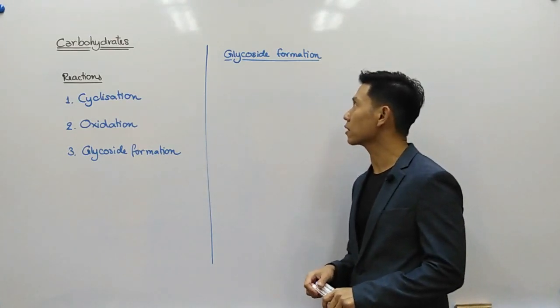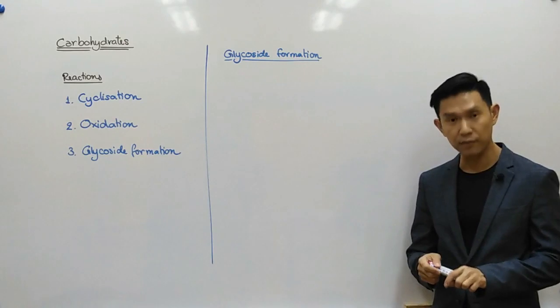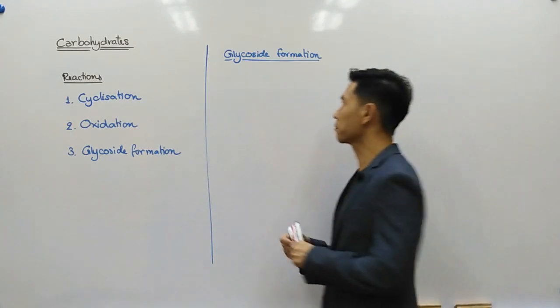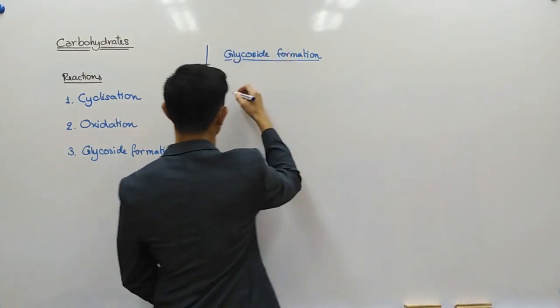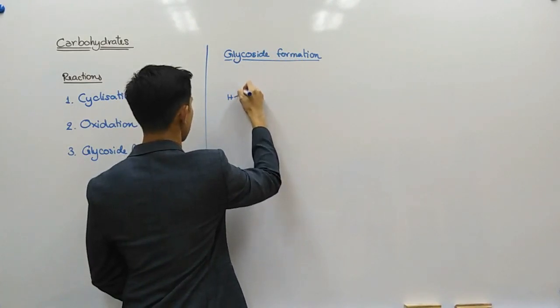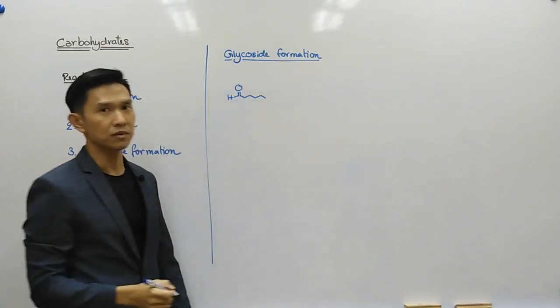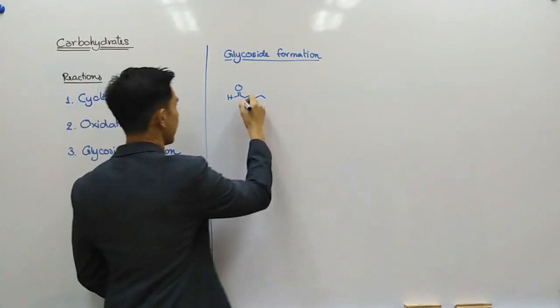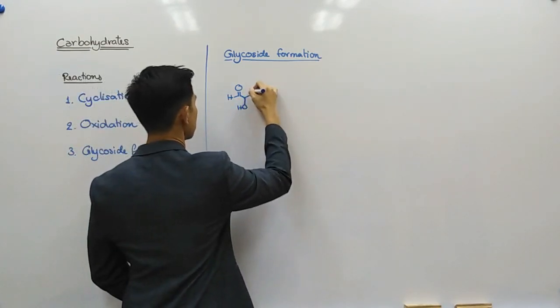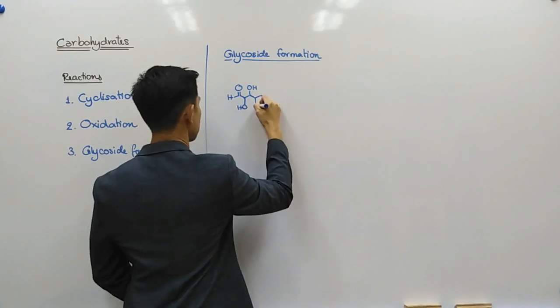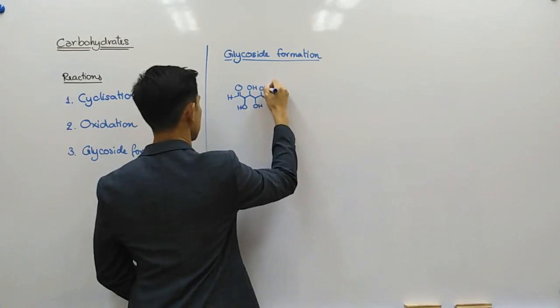So for glycoside formation, I will start from the aldose sugar, one of the aldose sugars. So this is an aldohexose, and I just don't want to mention the stereocenters.